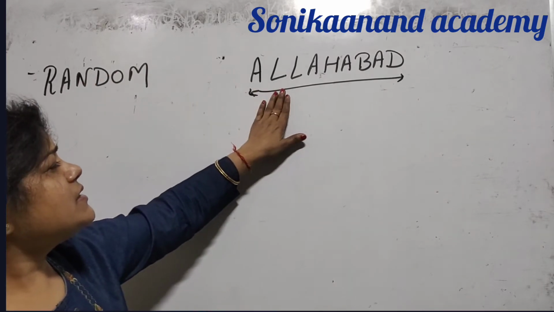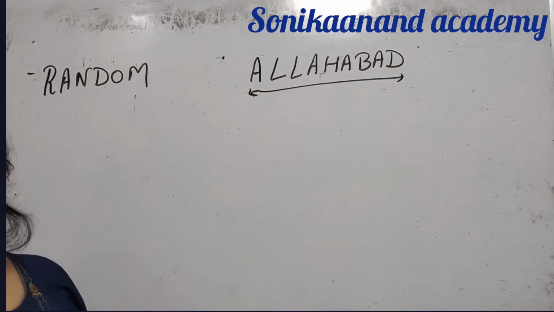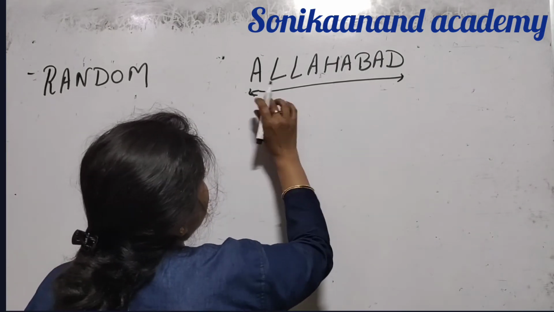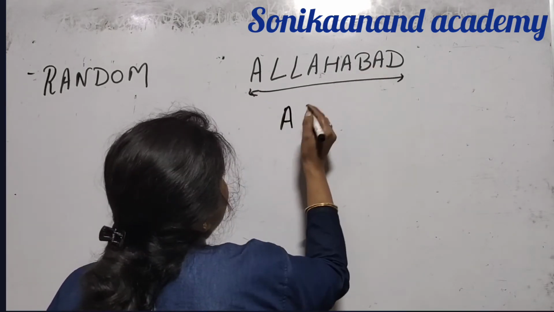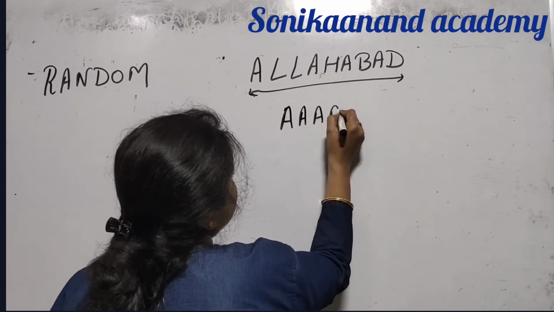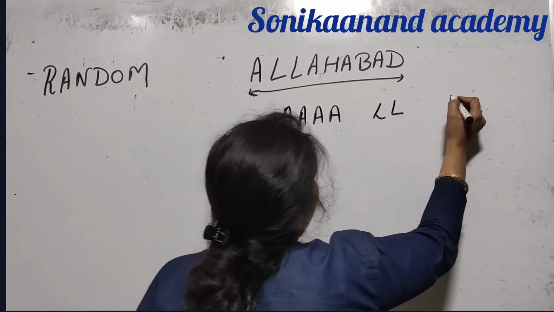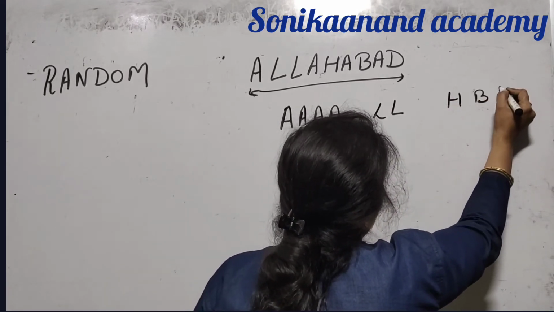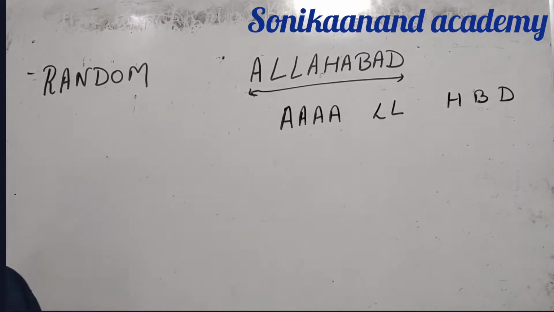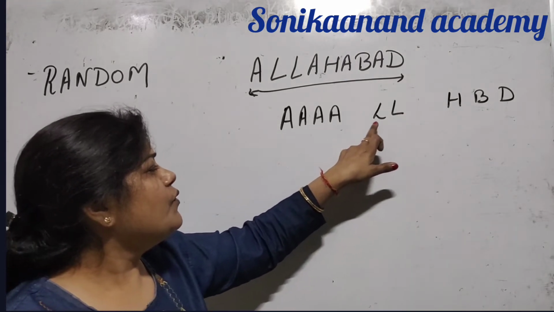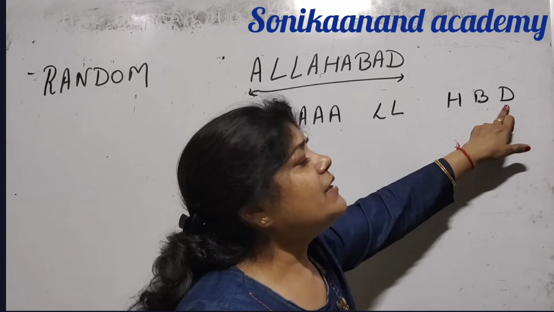But in this case, we have repetitions of some letters. For example, A is repeated 1, 2, 3 and 4 times. L is repeated 2 times. And H, B, D are not repeated. Overall, how many letters do we have? 1, 2, 3, 4, 5, 6, 7, 8 and 9.